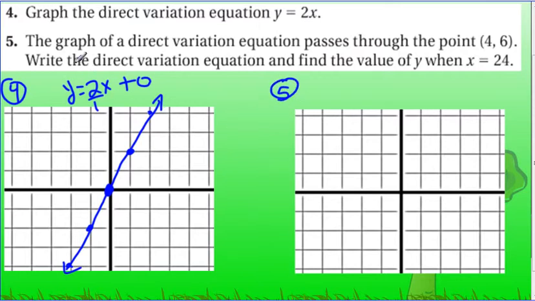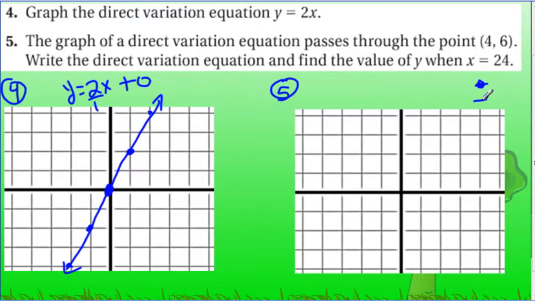Number 5. Graph the direct variation equation. The graph of a direct variation equation passes through the point (4, 6). Write the direct variation equation and find the value of y when x equals 24. Okay, we can do this a couple ways. We could do this using the graph, and we can plot that point. 1, 2, 3, 4, 1, 2, 3, 4, 5, 6.